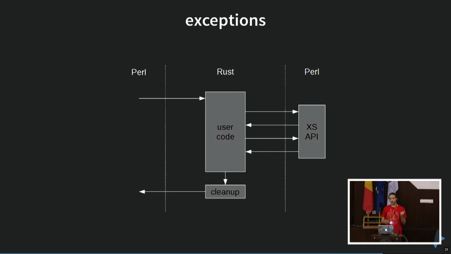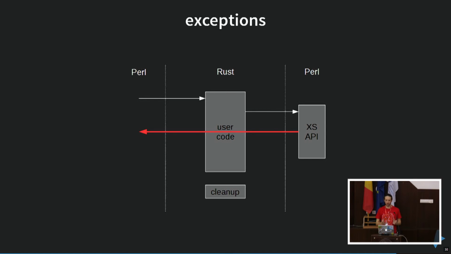When the Rust subroutine finishes, the Rust compiler will call destructors, the thing that does the cleanup after the user. So it will free any allocated memory if needed, and it is also used to decrement reference counts when variables leave scope. Now imagine XS code dies. It will jump straight through all of this into the closest eval block.